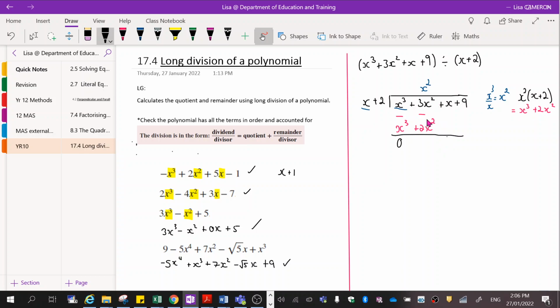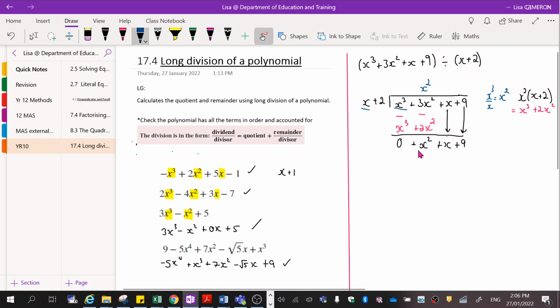Now 3x squared minus 2x squared will leave me with x squared. Now in order to do this again, to work out what the next part of this will be, I'm going to take this term down and this term down and add it back in.